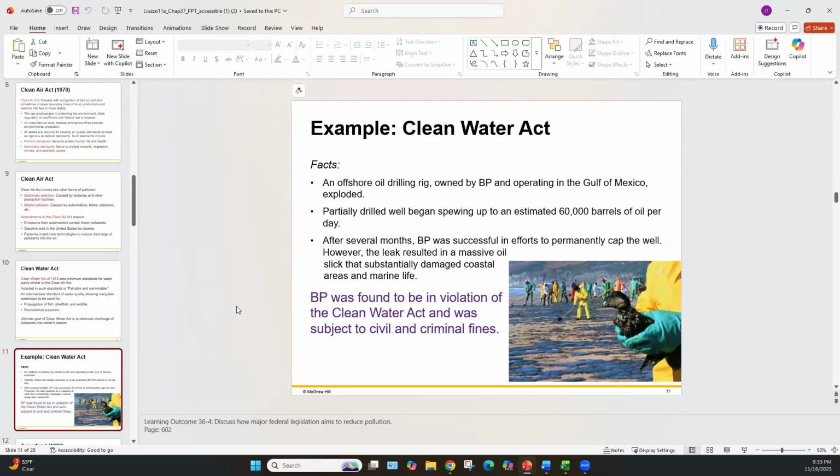An example of the Clean Water Act: an offshore oil drilling rig owned by BP and operating in the Gulf of Mexico exploded. This was, I think, about a decade ago. The partially drilled well began spewing an estimated 60,000 barrels of oil per day. Folks, that is unbelievable. In fact, BP is a British company, British Petroleum.